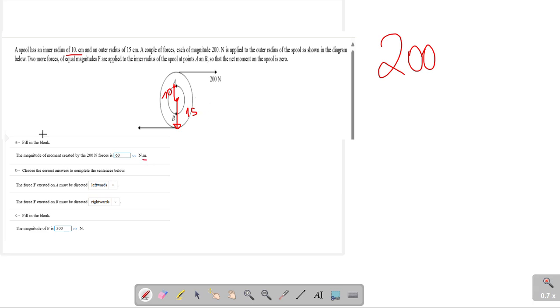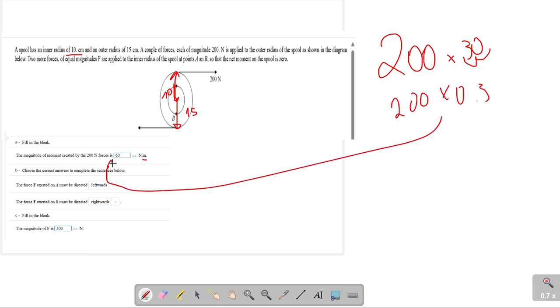Here they want it in meters. But we want the distance between both of them. So we want this full part. So it's 15 plus 15, which is 30 centimeters. But we don't want it in centimeters, again meters, so divide by 100, get 200 times 0.3, and there's your answer.